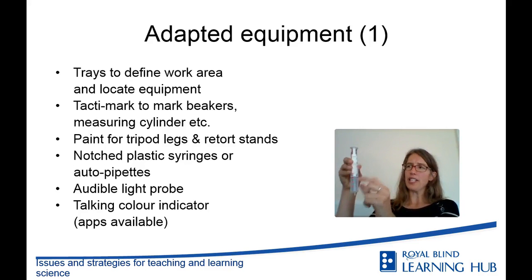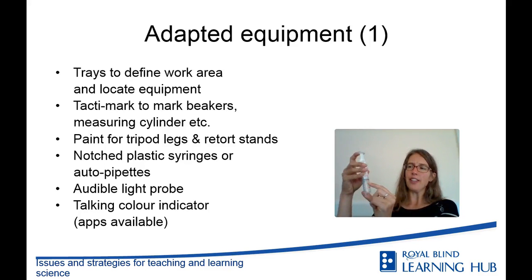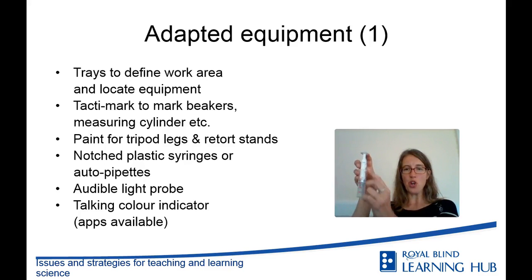For example, this is the third notch on the plunger, which the visually impaired learner can learn is your 15 milliliter measurement. So notched syringes: you can just do that with a Stanley knife. Just cut out some notches that are easy to identify with a finger.